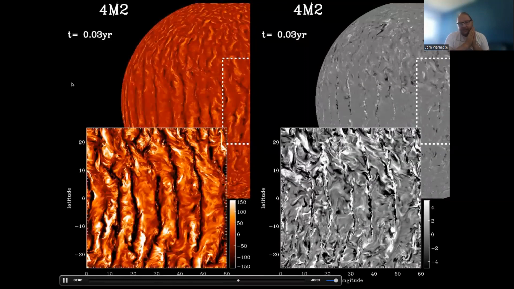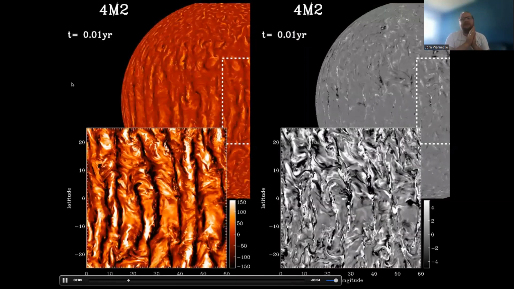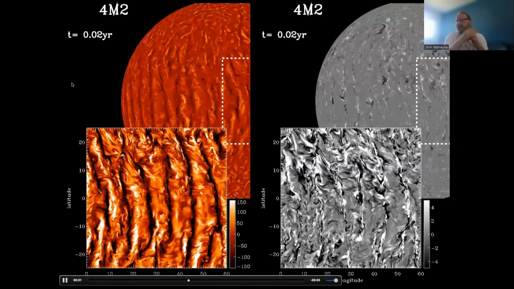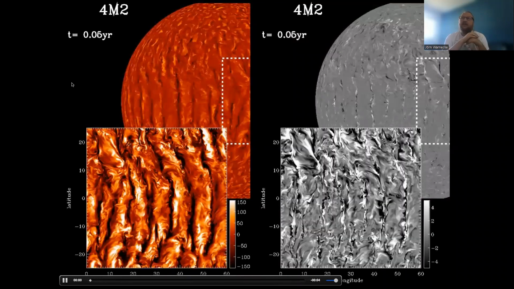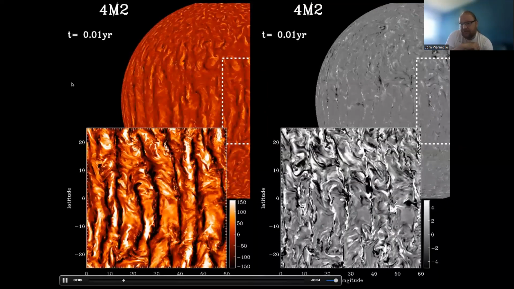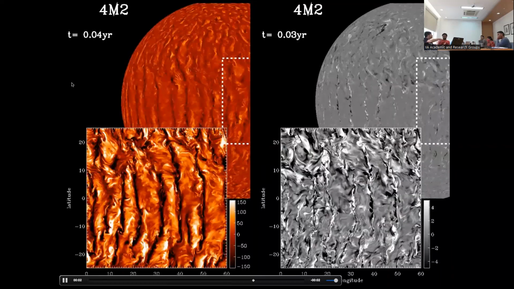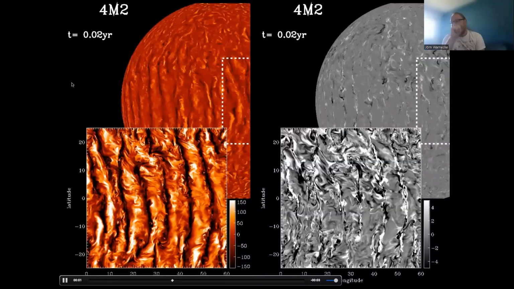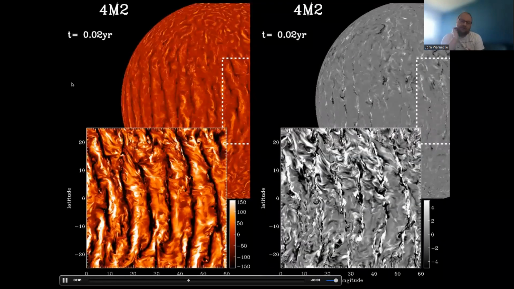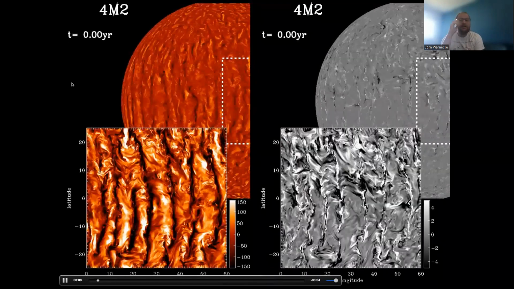On the other hand, I looked at the peak scale of these banana cells, whether it changes with the Reynolds number, and it does not. It seems rather constant. That is also expected, because the wave number should be related just to the rotation.